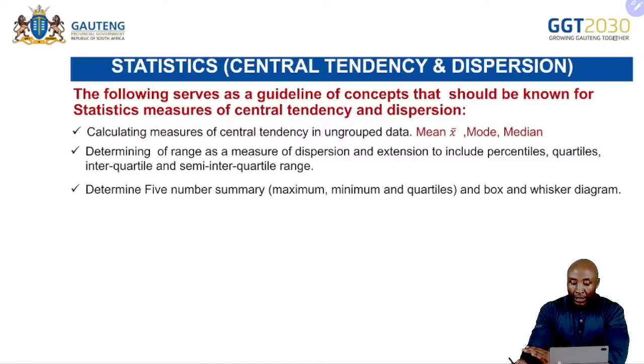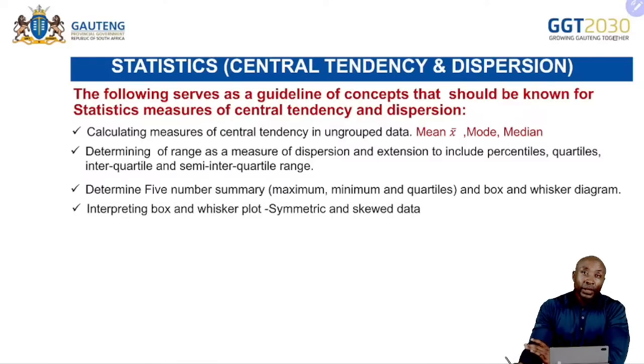That is our measures of dispersion. We should be able to calculate our percentiles, quartiles, as well as the interquartile range and the semi-interquartile range. The 5-number summary, we know how to get that one. We should be able to plot and interpret our box and whisker plots.